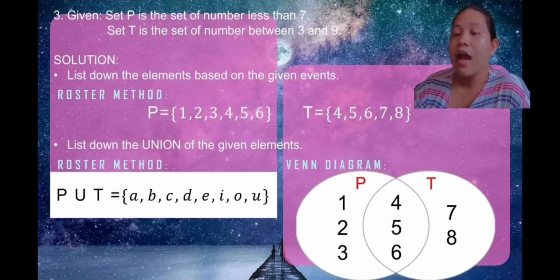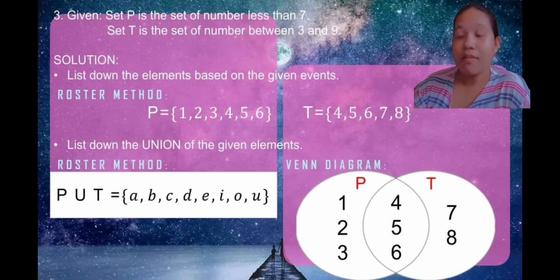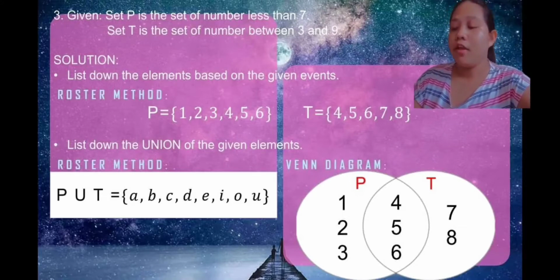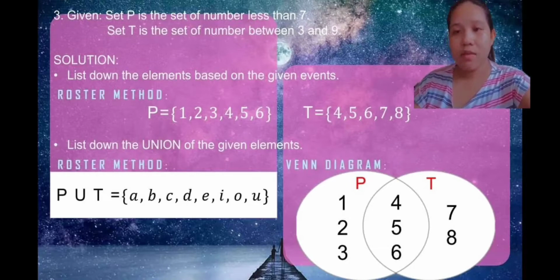Then, anong gagawin na natin? Hahanapin na natin yung union ng given elements kasi nakuha na natin yung mga elements na para sa set P and set T. So roster method, the union of P and T is equals to 1, 2, 3, 4, 5, 6, 7, and 8.